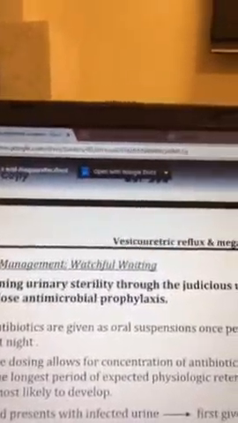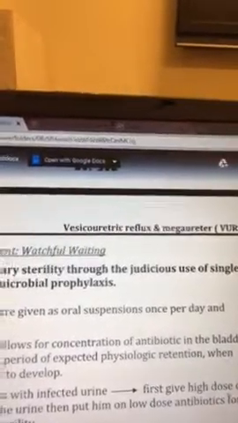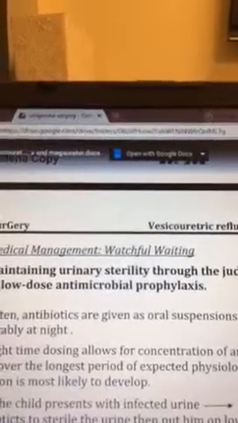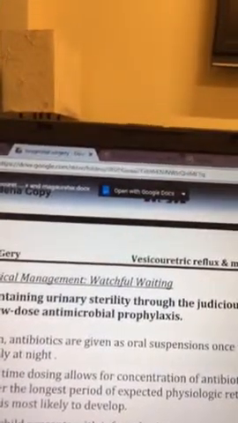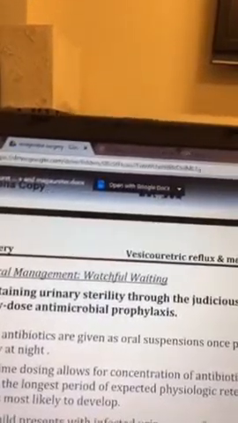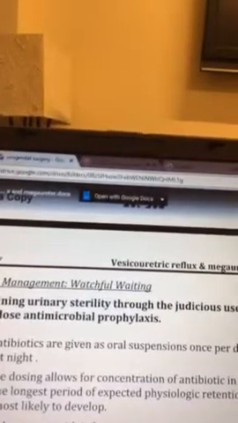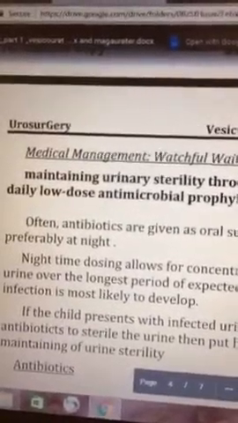Often antibiotics are given as an oral suspension once per day, preferably at night, because there is a longer duration of stasis of the urine in the bladder, so the antibiotic given at night is more effective.